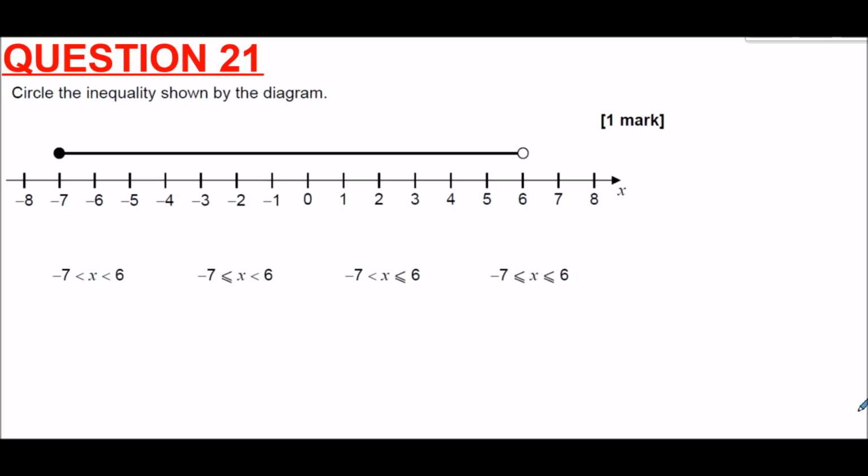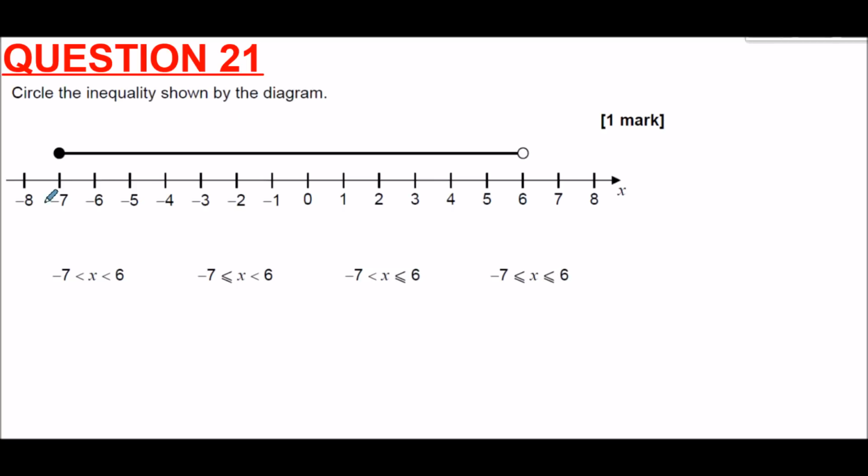Question 21. Circle the inequality shown by the diagram. So an inequality means it's going to involve inequality symbols, as we've got here anyway. So the key thing to notice is which numbers x may be between.